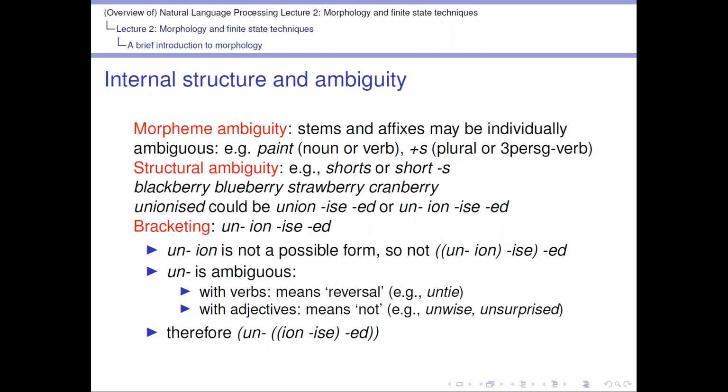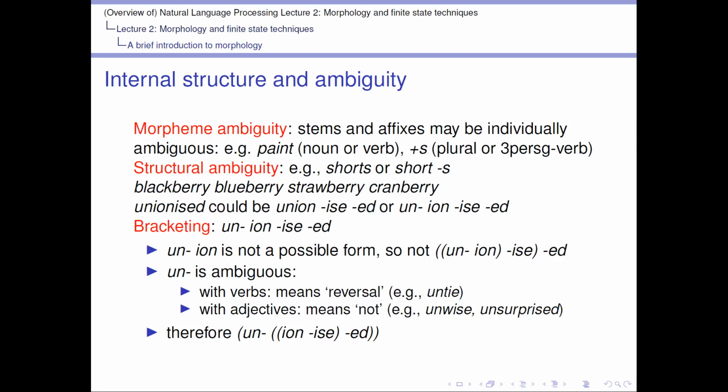So an "union" on its own is not a possible thing. So we actually want to arrange the bracketing so that we've got ionized in the middle and ionized all together and un right at the front, because actually un has got two meanings as well.